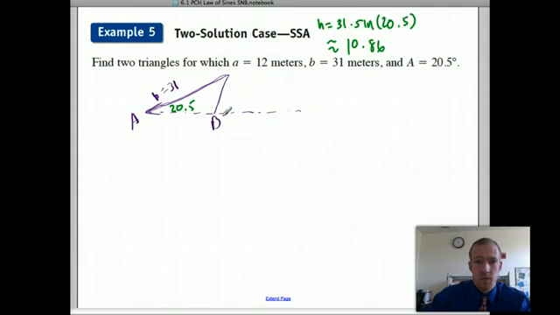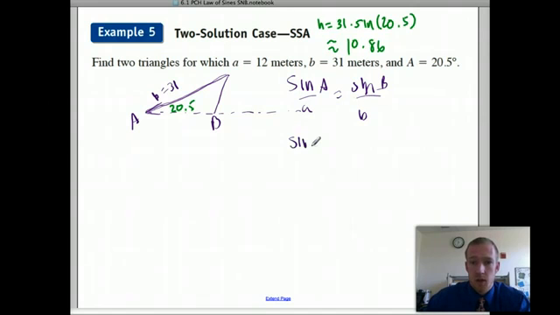So that's right here. So I'm going to do sine A over A equals sine B over B. Sorry for the messiness. And that's going to give you sine of 20.5 over 12 equals sine of B over 31.